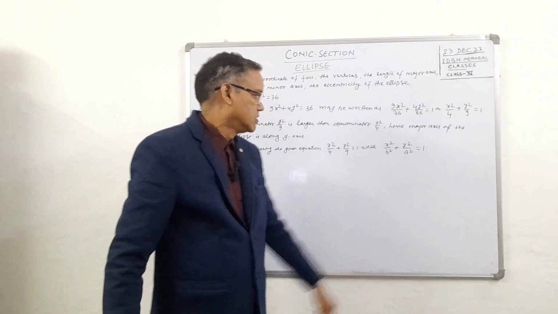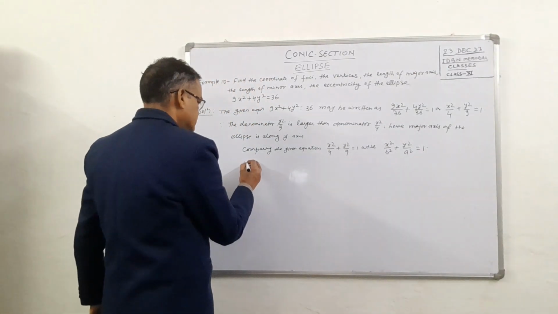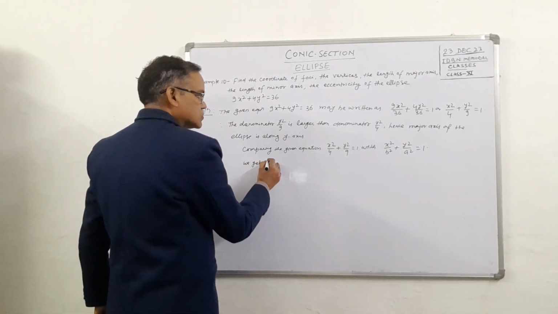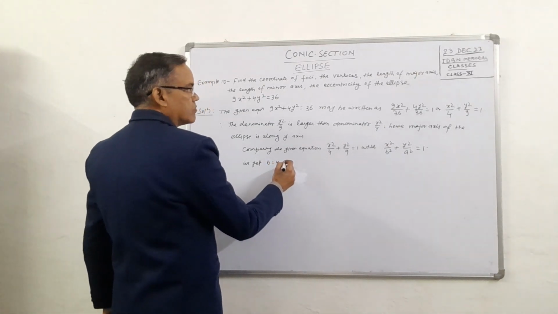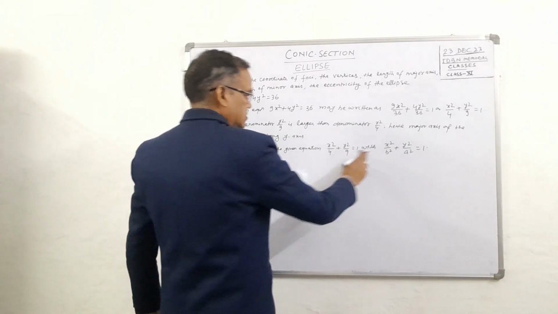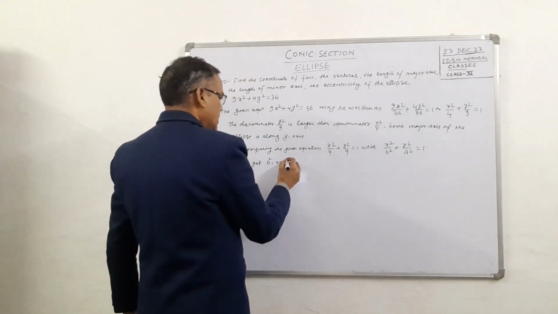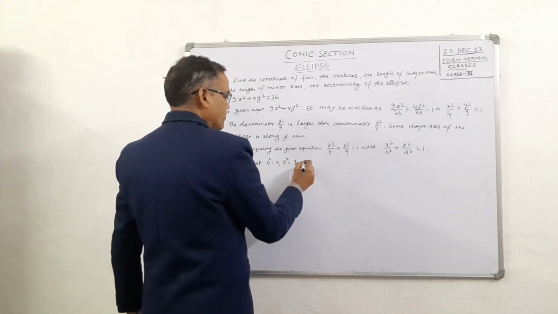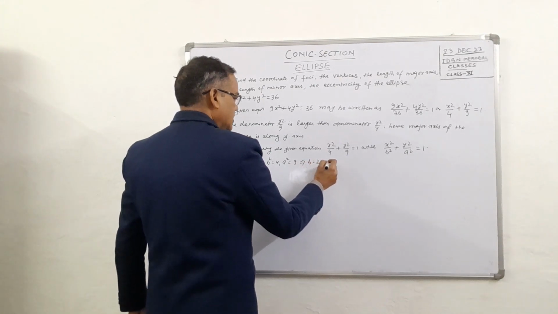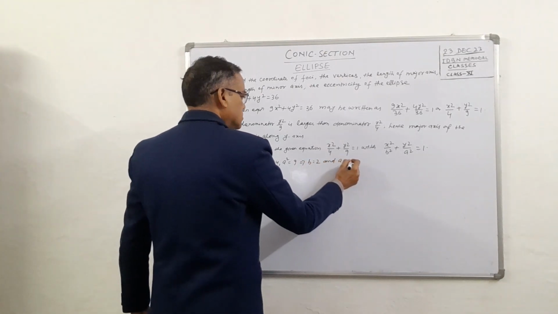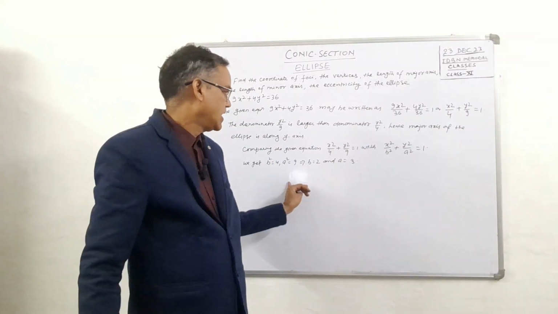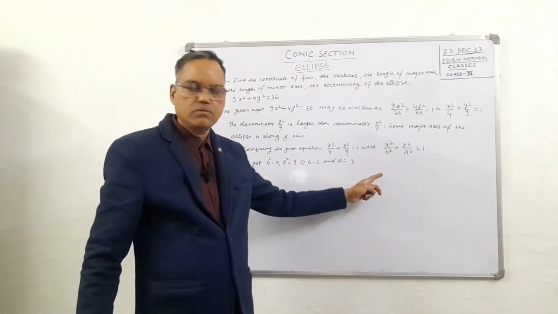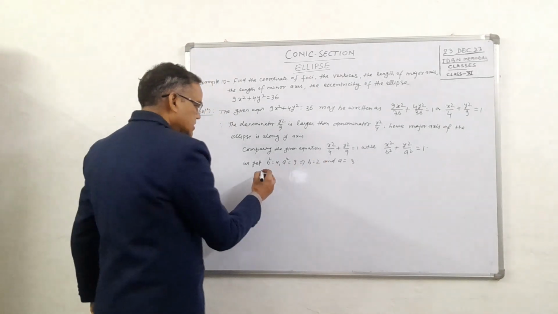ठीक है, so we get b square equal to 4 and a square equal to 9, imply that b equal to 2 and a equal to 3. So we got the value of b and a as this. Now we can calculate the value of c.